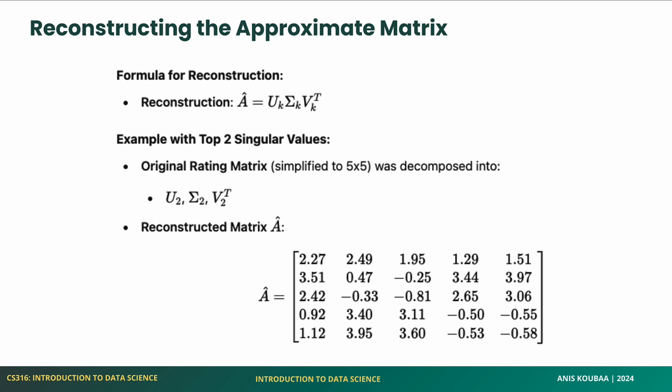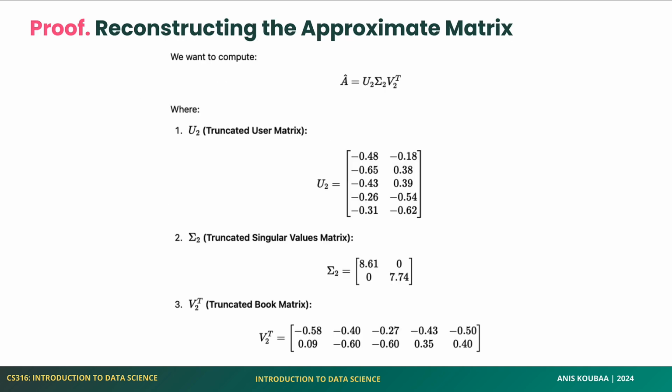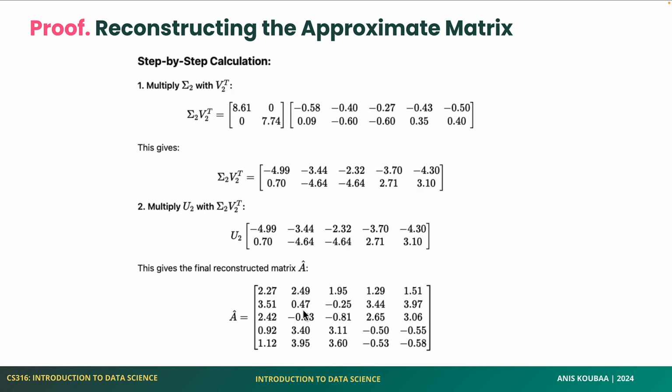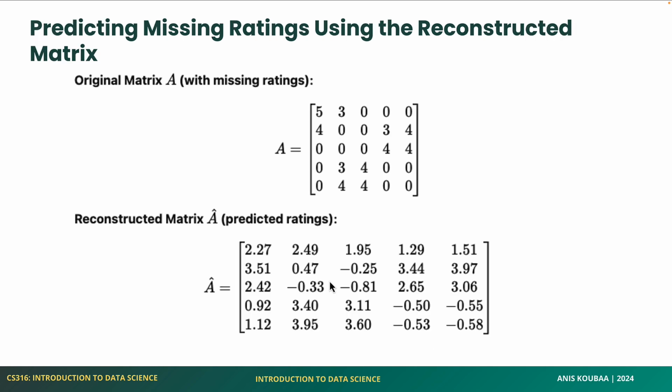So this is a numerical application on how we can develop this. We will calculate the approximate A in this example. Okay, so this is the approximation, the approximated reconstructed matrix based on the selection of the two most important singular values. And then we can apply this to our data set.